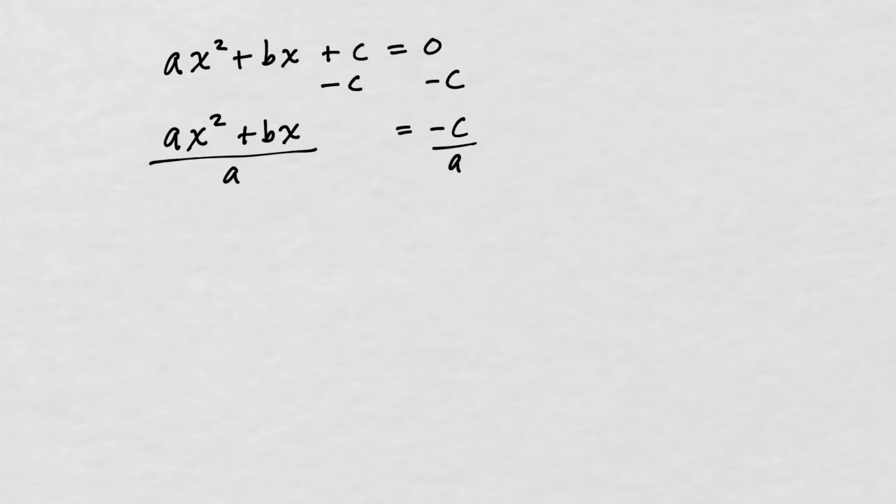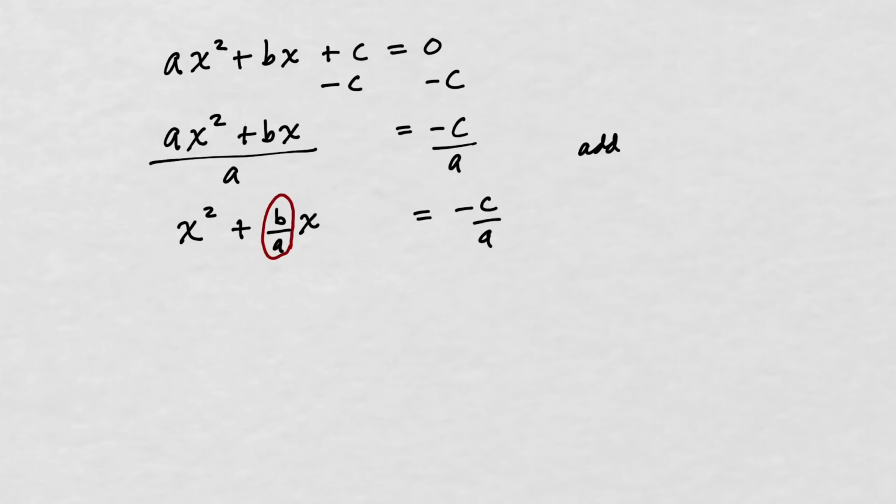So now I'm going to have x squared, right, because a over a is 1, plus b over a x equals minus c over a. And now I want to add half of, I can't really call it b now because it's b over a, but it's half of the coefficient of the x term, squared, to both sides.